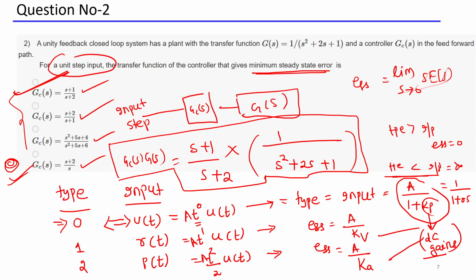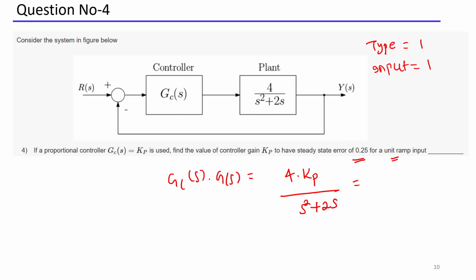You can see here, if type is equal to input, in this second case, 1 has to be matched with 1, then there is a steady state error, that is A by kV. kV is the velocity error constant. So now for a type 1 system, the steady state error is A divided by kV. A equal to 1 because the ramp input is a unit ramp input.